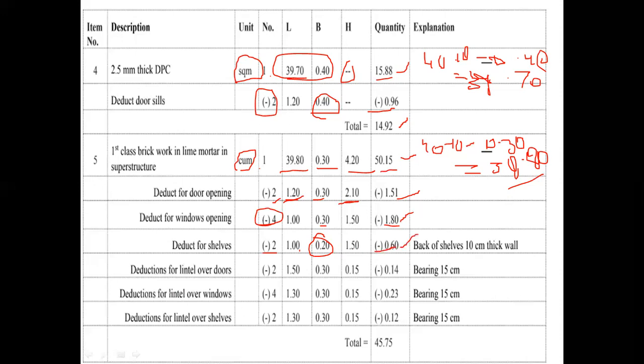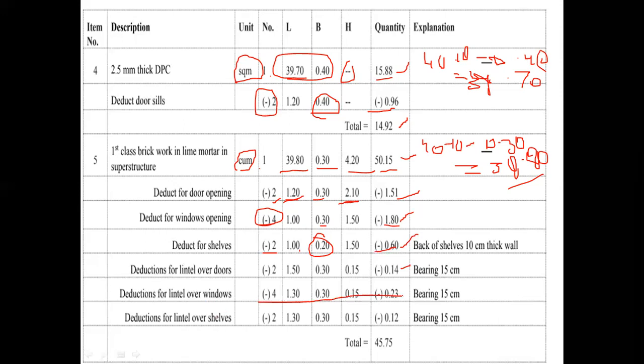Next one, deduction for lintels over doors. Here bearings of 15 centimeters are taken, 2 into 1.5 into 0.3 into 1.5, that equals 0.14. And next, deduction for lintels over the windows, total windows 4 and length of the window 1.30, wall thickness 0.30 and bearing 0.15, multiply 4 into 1.3 into 0.3 into 1.5, that equals 0.23.